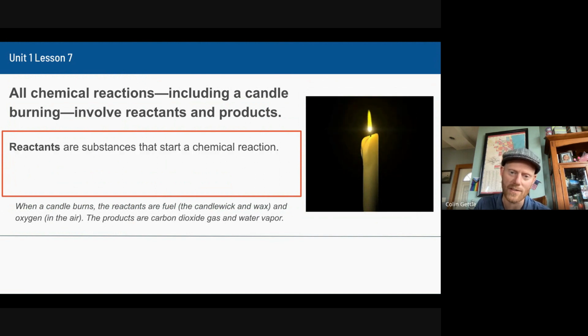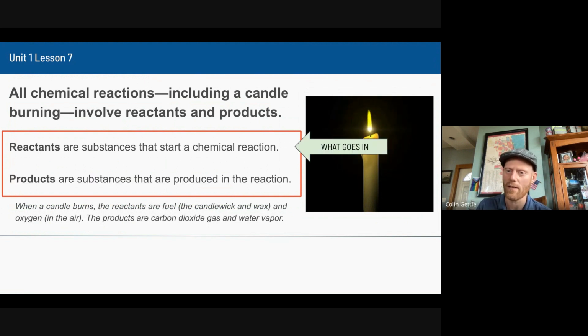Reactants are substances that start a chemical reaction. For example, when the candle's burning, the reactants are the fuel. That would be the candle wick and the wax, and the oxygen in the air around it. So in other words, those are the things that go in. What comes out are the products. Those are the substances that are produced in the reaction.